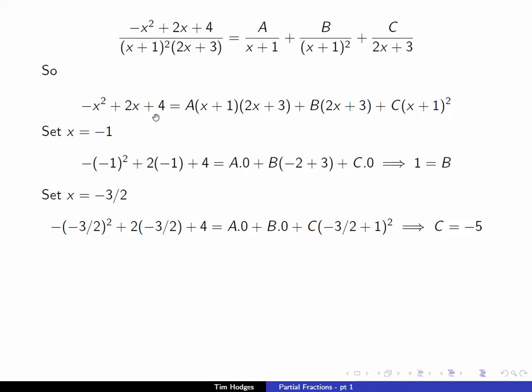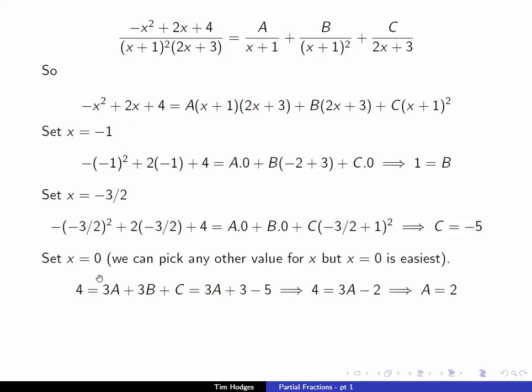Taking x equal to 0, we get 4 is equal to 3A + 3B + C. But we already know the values for B and C, so we can plug those in. So we get 3A + 3 times 1 - 5. And simplifying and solving this algebraic equation easily gives us that A is equal to 2.